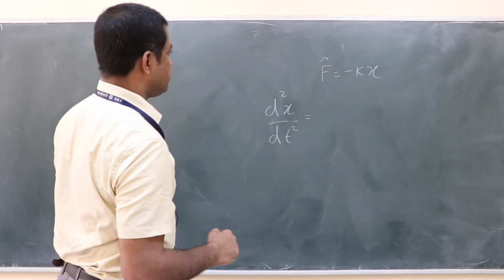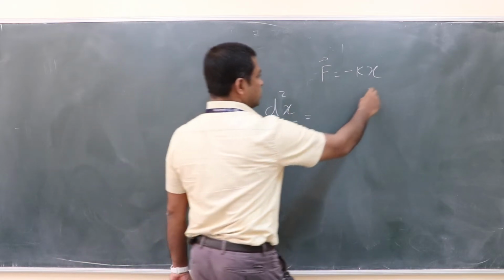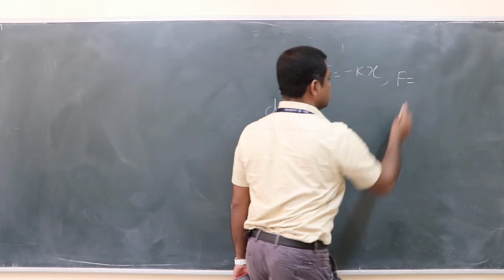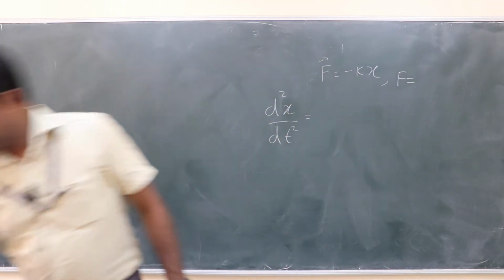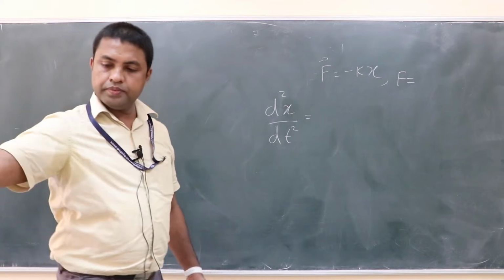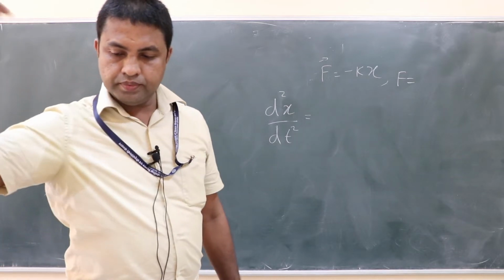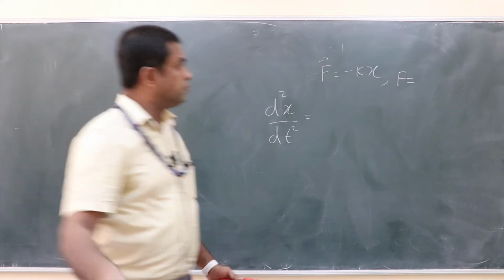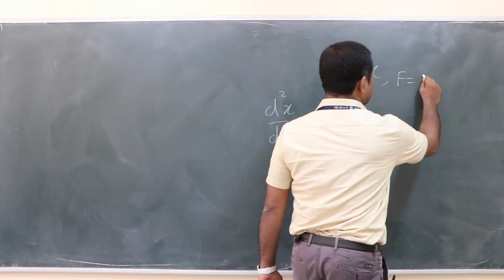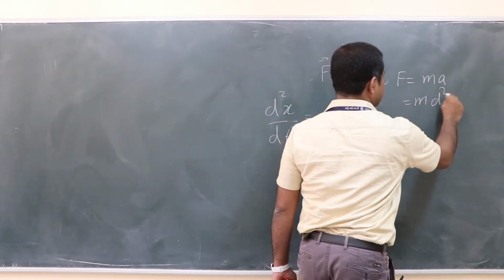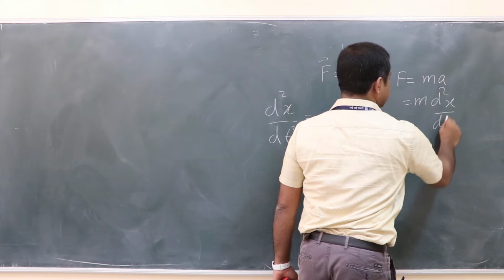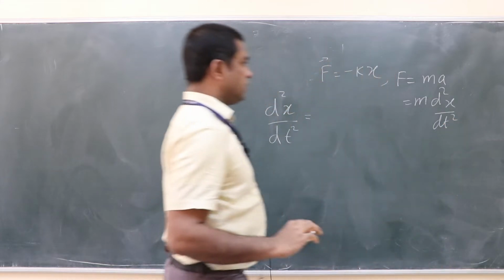And so what is F equal to? Force? F is ma, a is d square x by dt square, right?